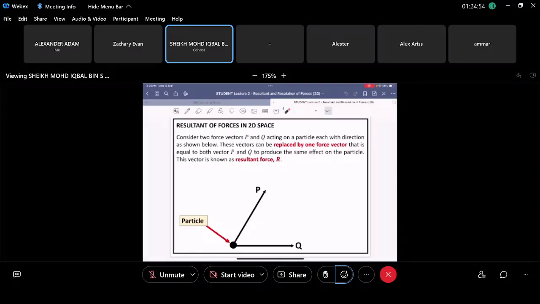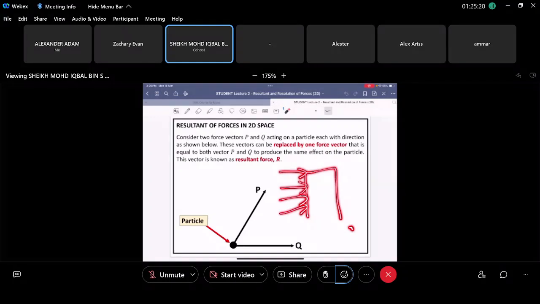So basically, why do we make a resultant force, right? It's because sometimes when you have a lot of forces acting on a system, it can be a bit confusing, right? For example, you have a building here, and then you have forces here, here, here, here, right? These are four forces acting on a system. They all have the same magnitude and direction, right?